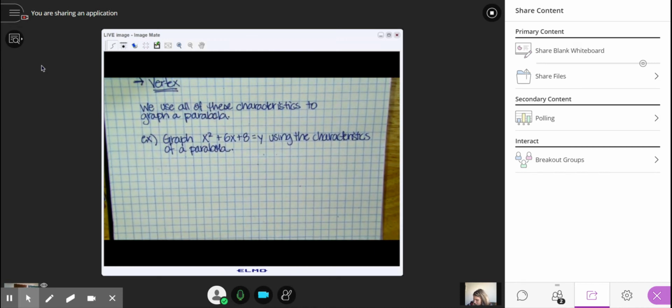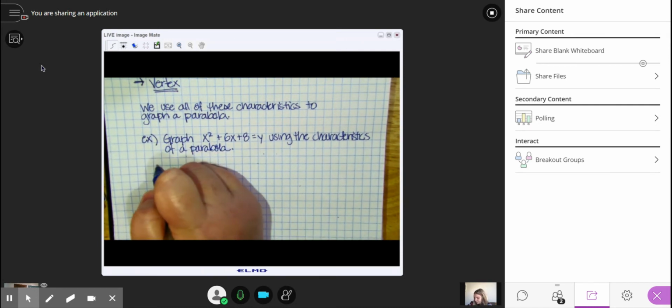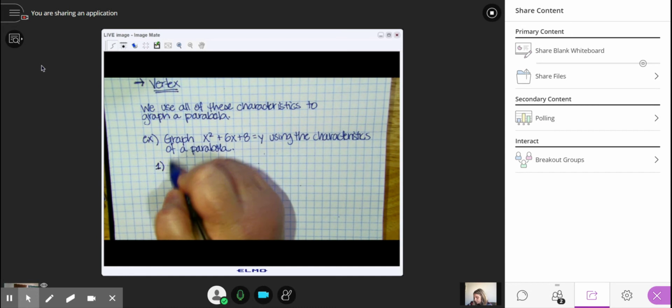All right, so we want to graph x squared plus 6x plus 8 is equal to y using the characteristics of the parabola. So the first thing we're going to look at is which way does it open?